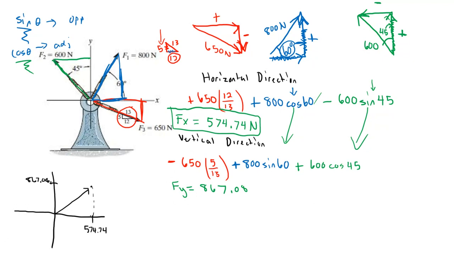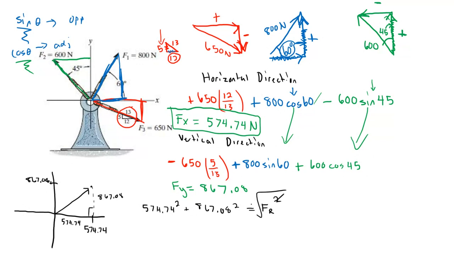Now you have your right triangle. Okay, so this is 867.08 and 574.74. A squared plus b squared is equal to c squared. So you can just work it straight up from the Pythagorean theorem. So 574.74 squared plus 867.08 squared is equal to, instead of c squared, I'm just going to write down your resultant force squared, right?